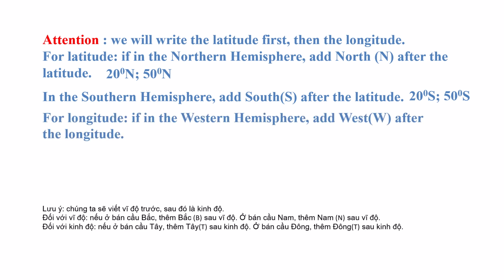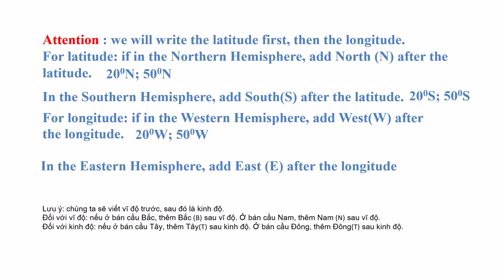For longitude, if in the Western Hemisphere, add west after the longitude. Example, 20 degrees west, 50 degrees west. In the Eastern Hemisphere, add east after the longitude.